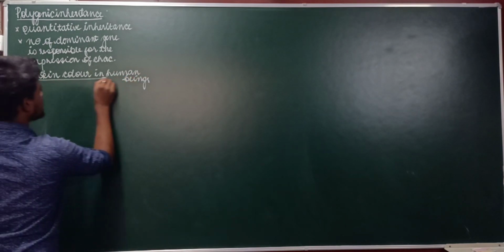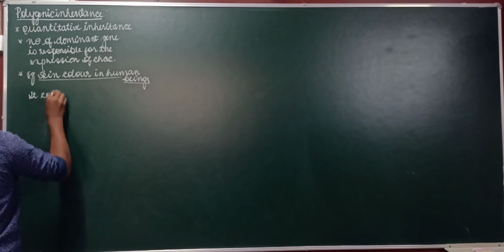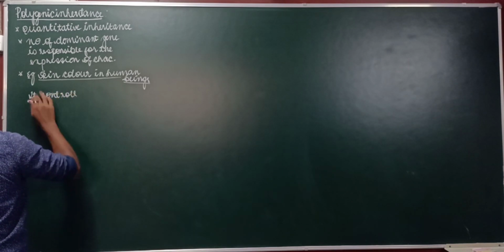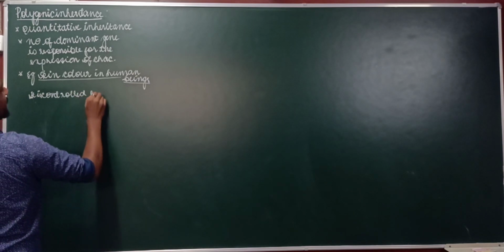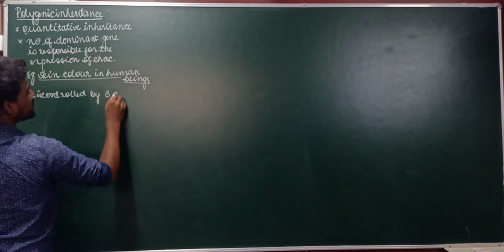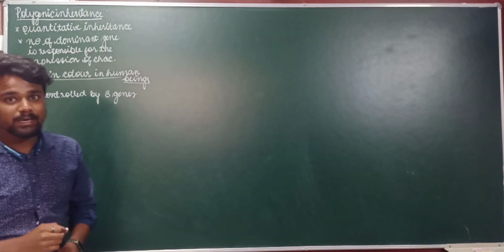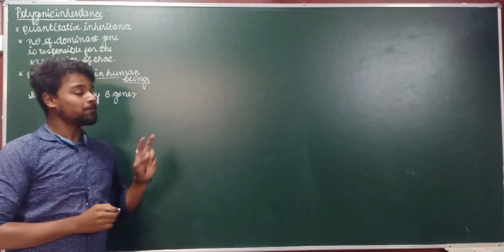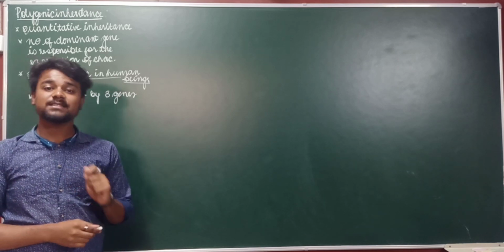Skin color in human beings is controlled by 3 genes. In the kernel color in wheat, we had only 2 genes, but in the skin color in human beings, there are 3 genes controlling the skin color.